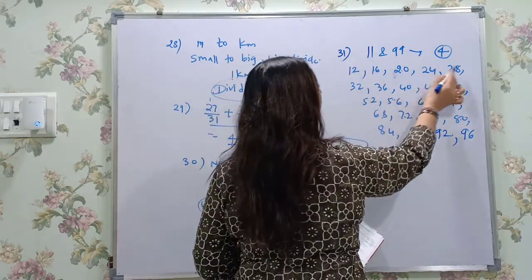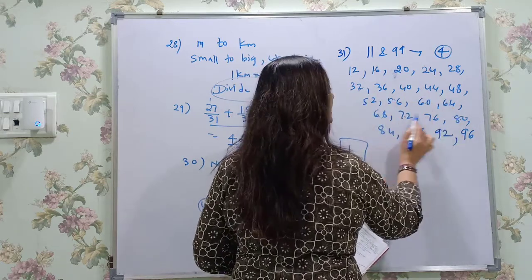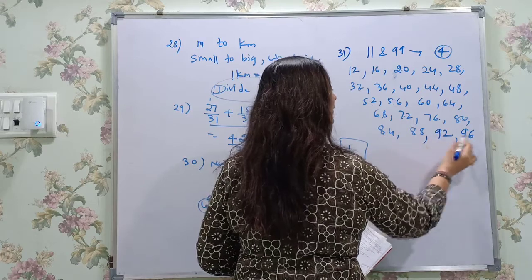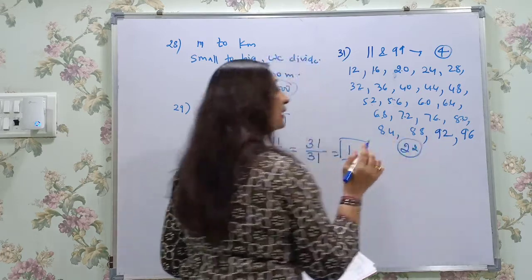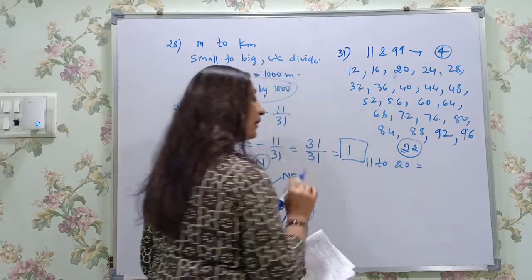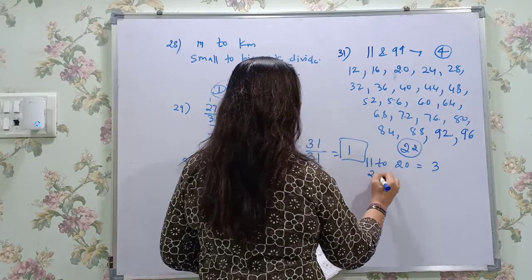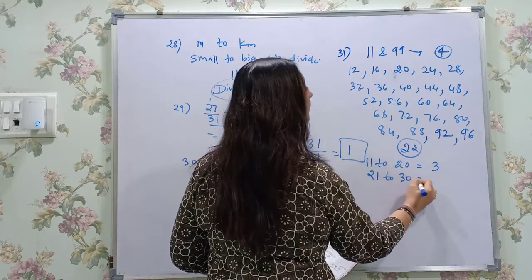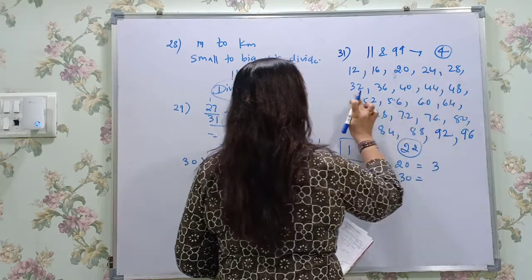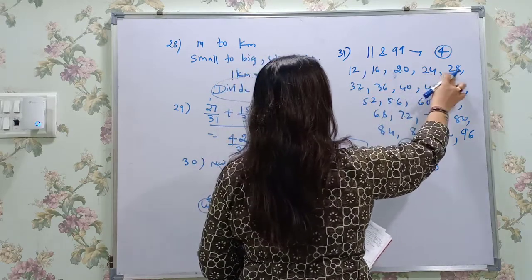So how many numbers are there? 1, 2, 3, 4, 5, 6, 7, 8, 9, 10, 11, 12, 13, 14, 15, 16, 17, 18, 19, 20, 21, 22. Or what is the other way, kids? From 11 to 20, how many are there? 12, 16, 20. So 3 numbers. From 21 to 30: 24, 28.